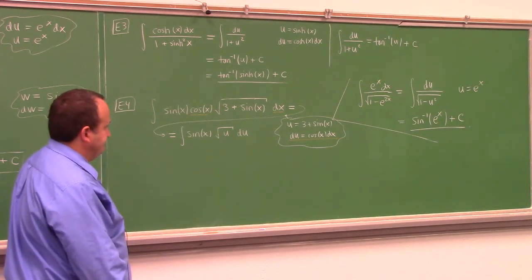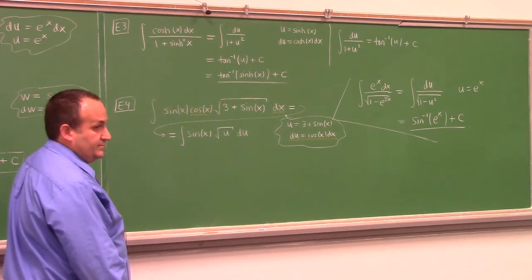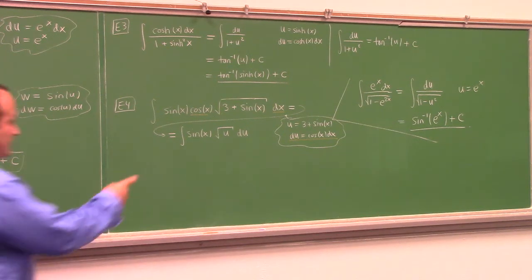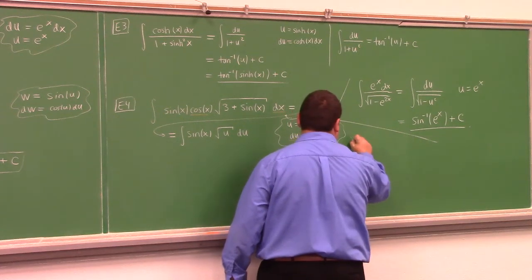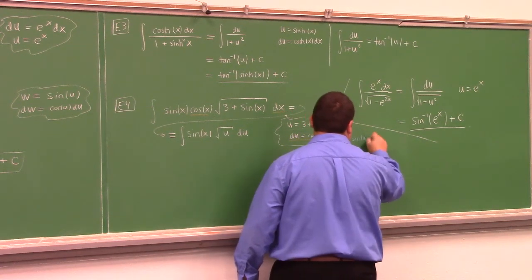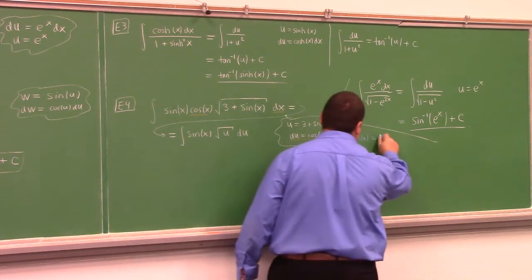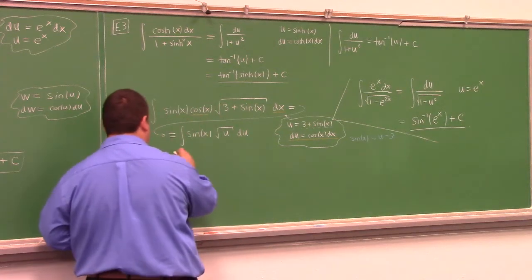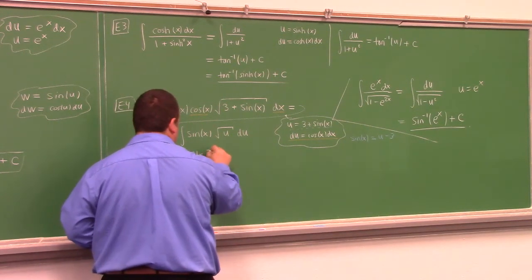Can we substitute using that equation? Yeah, I think that's where I want to go. Let's solve this one right here for sine x. What's sine x equal to? u minus 3, yeah. So sine x is u minus 3.